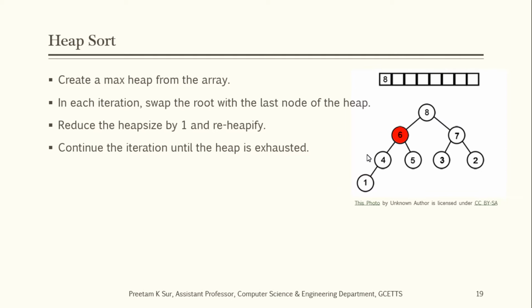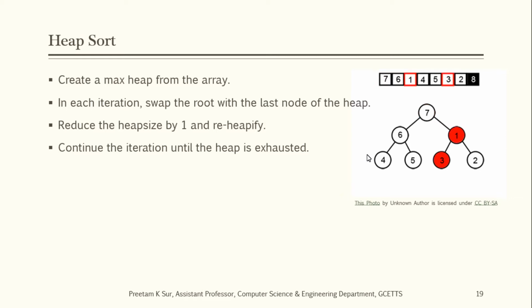From this heap, in this animation it is now shown what the array for this heap is going to look like. Okay, so this is how the array is going to look for this given heap. Now once we have this, we are swapping the first element, that is the root, with the last element. The last element is now in its position, which is marked as black, and next we have to reheapify.